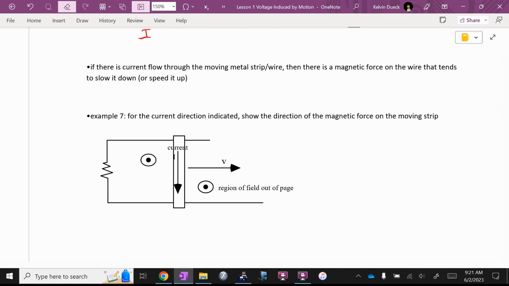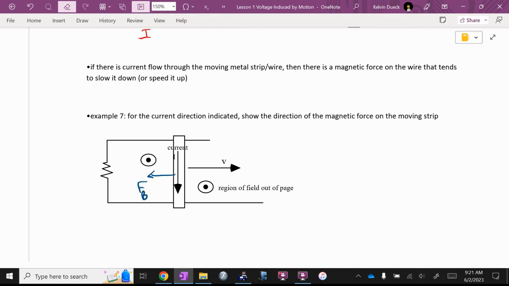So, thumbs down, magnetic field out of the page. What direction will the bar feel a force as soon as current starts to flow when you're pulling on it? There's going to be a net force this way, and it would be very strange.